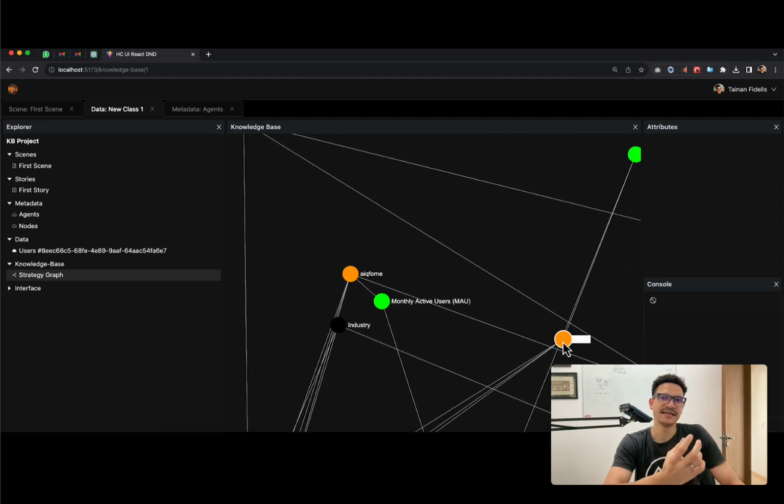And with this kind of data, we could localize each business unit near its competitors or partners or suppliers or any kind of node in the knowledge base.